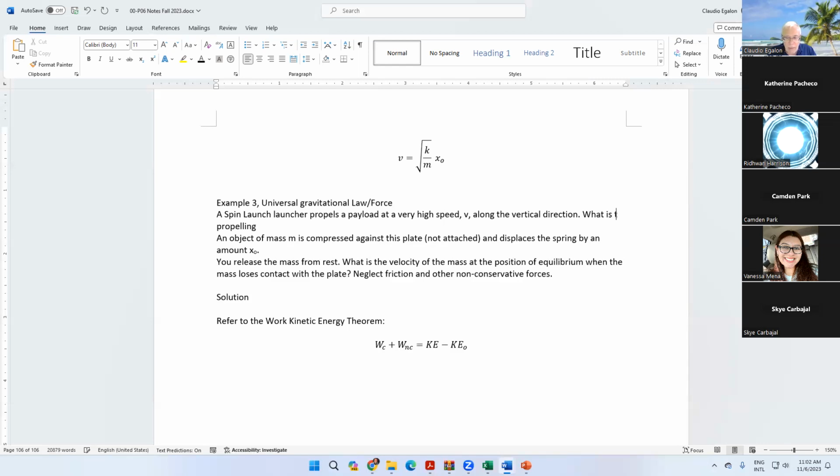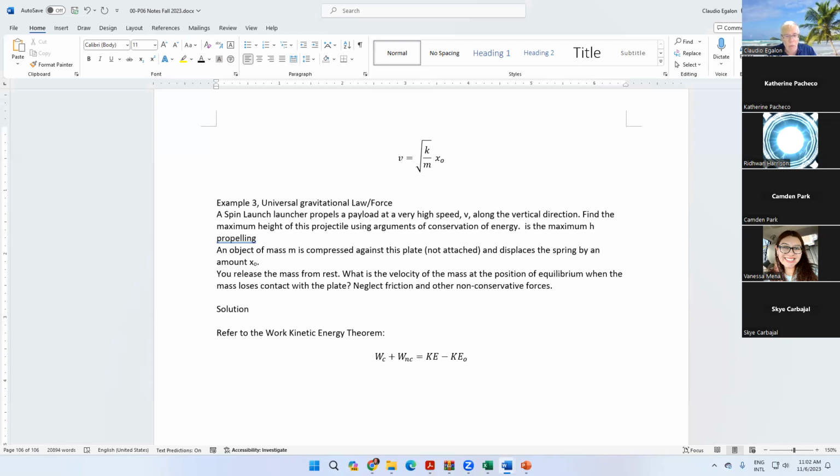What is the maximum height? Find the maximum height of this projectile using arguments of conservation of energy.